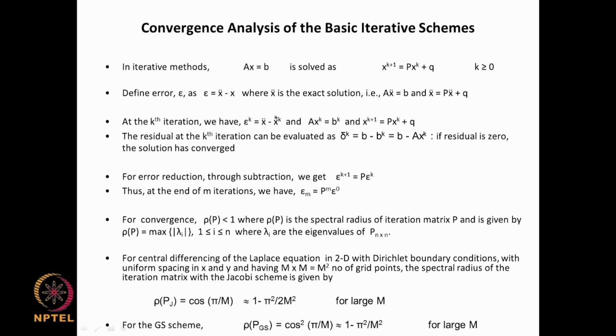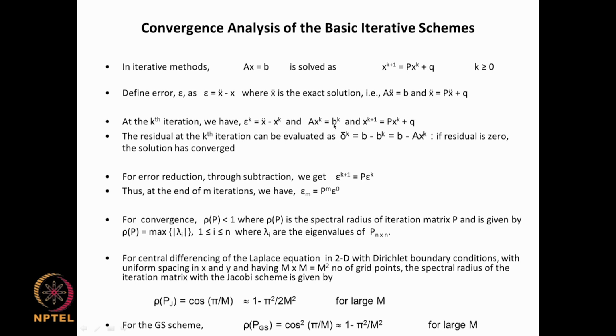And we also have x^k, which is obtained by this iteration, and if you have x^k you can put that into this equation and find out what A x^k is, and A x^k need not be equal to b. So, it is equal to b^k.